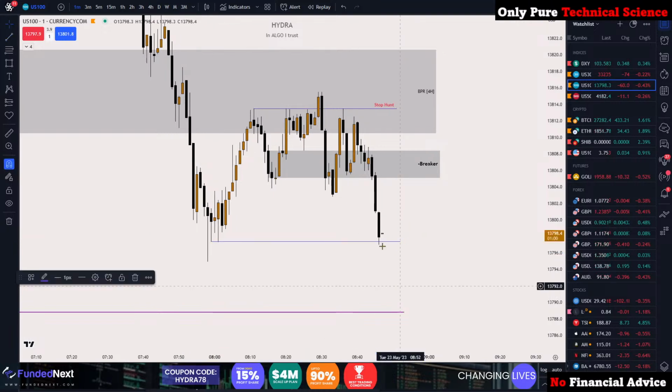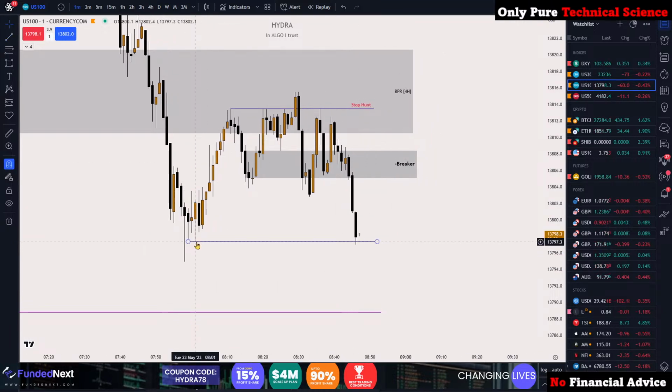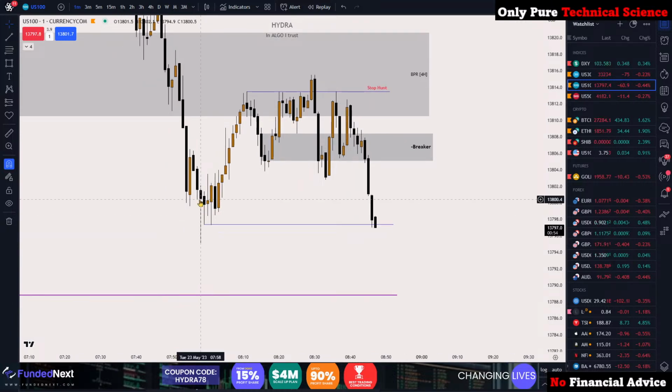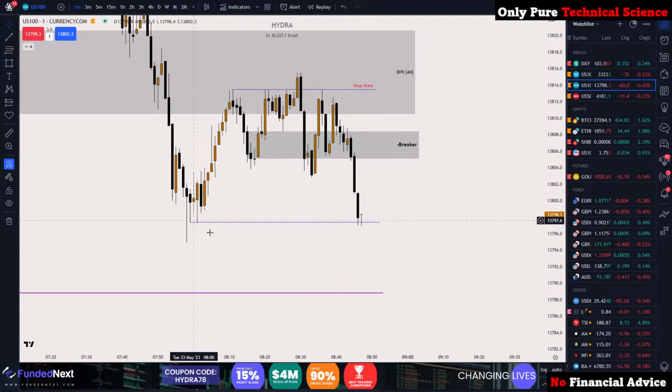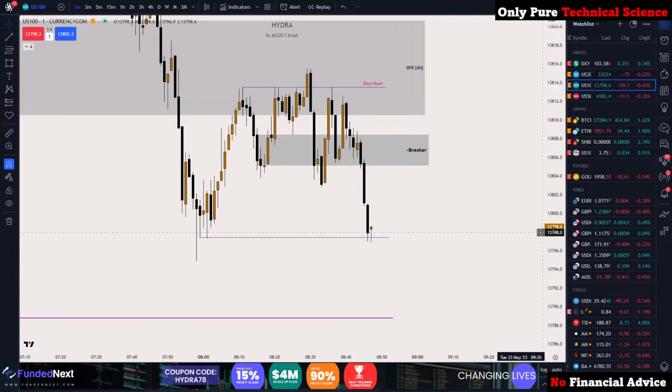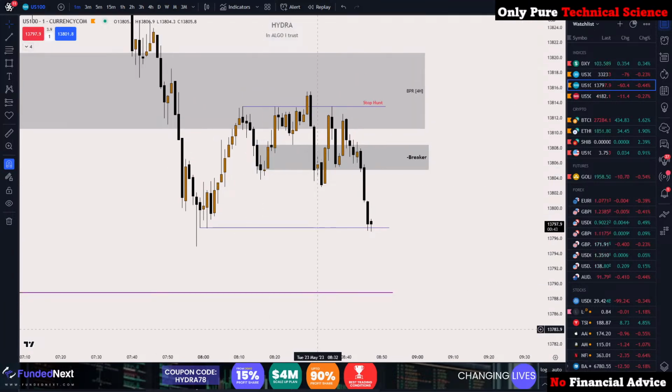So suppose I took this trade, I will take a partial below these relative equal lows. Why? Because if you measure this big wick, the consequent encroachment of this wick will come somewhere here. So that's a good level in my eyes to take a partial. If I'm using the standard deviation projection, that's how I use it.